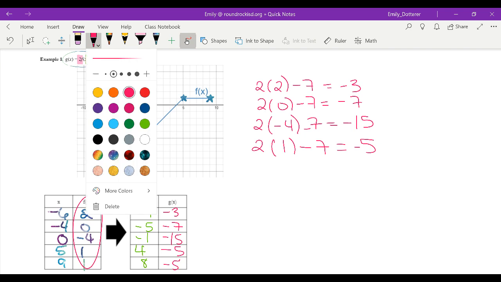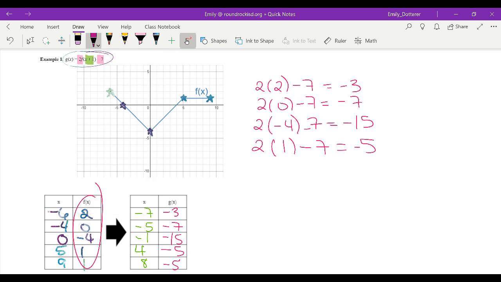Okay. So what we're going to do from here, I'm just going to pick another color, is we're going to graph this. So we have the point -7, -3; -5, -7; -1, -15. That goes off our graph a bit. That's okay. If that happens, just kind of estimate where it should be.